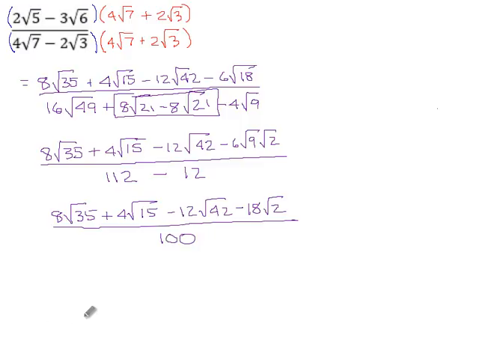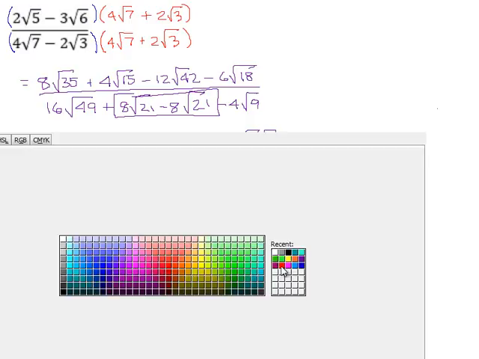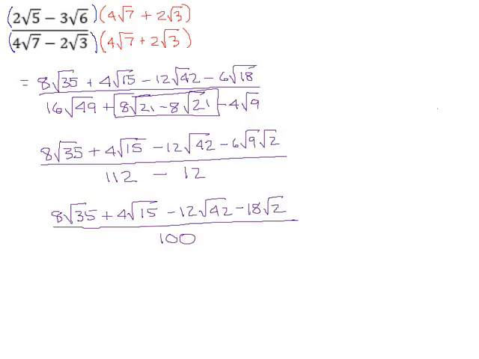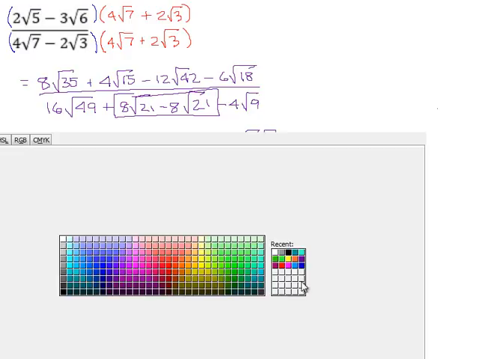Is that all we can do? It's almost all we can do. One last thing. These coefficients, 8, 4, 12, 18, and the 100, are all even, meaning they're all divisible by 2. We can go through this. We can divide the entire numerator by 2 and divide the entire denominator by 2.